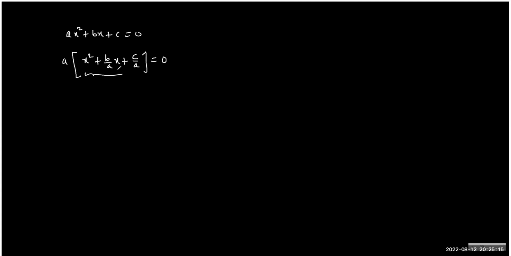In class 10th, you might have done this, converting into perfect square. In class 10th, how did you derive the formula of quadratic? Did you mug up or did you derive? Tell me, honestly.